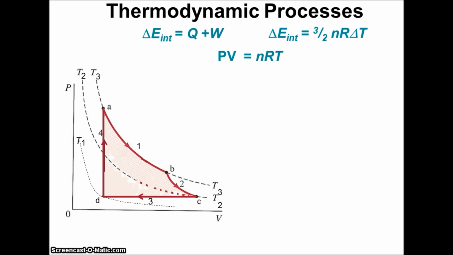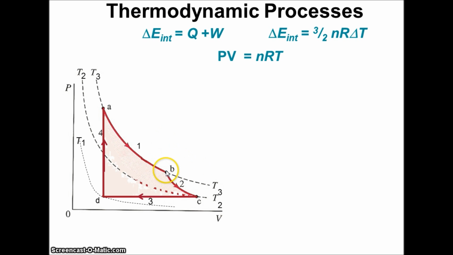There's some things that you need to know about these different processes. Of course, if it's isothermal, like number 1, there's no change in temperature. So therefore, the change in internal energy is going to be 0. Whenever you have an isothermal process, change in internal energy is 0. So if you're thinking the first law of thermodynamics, over here, this will be 0.